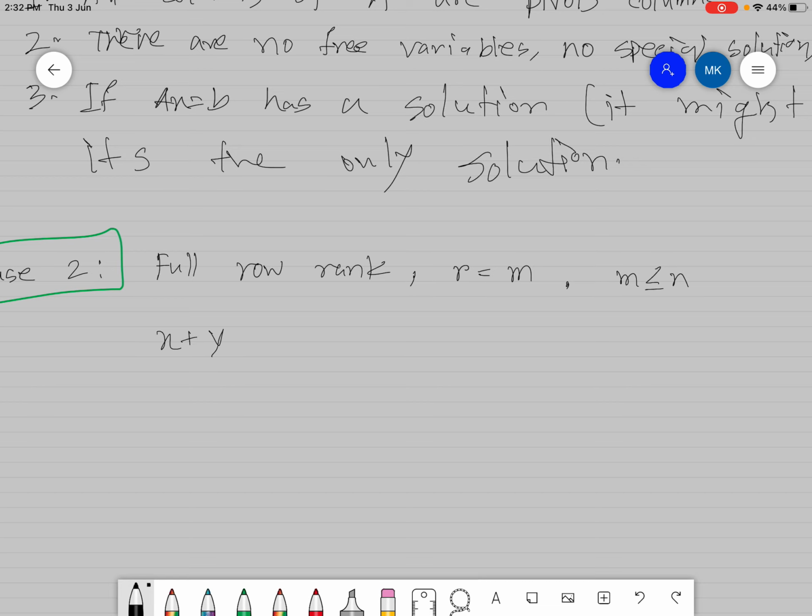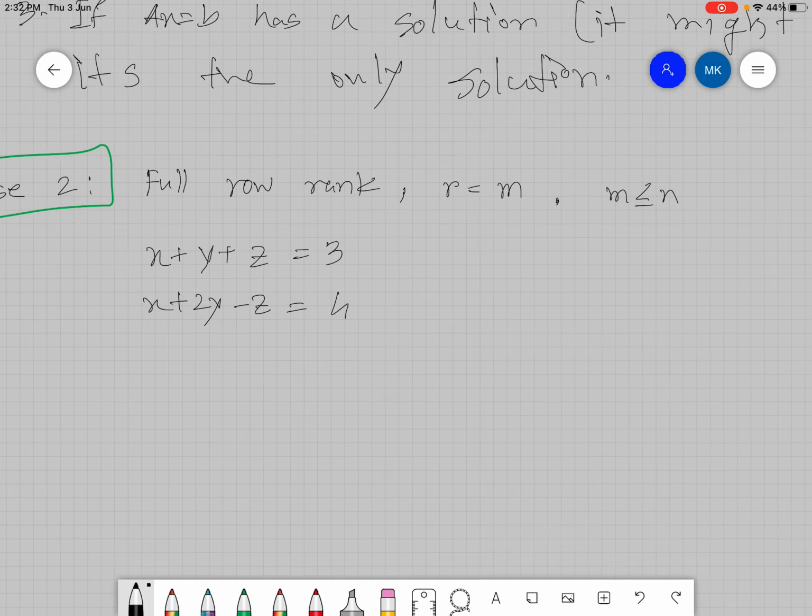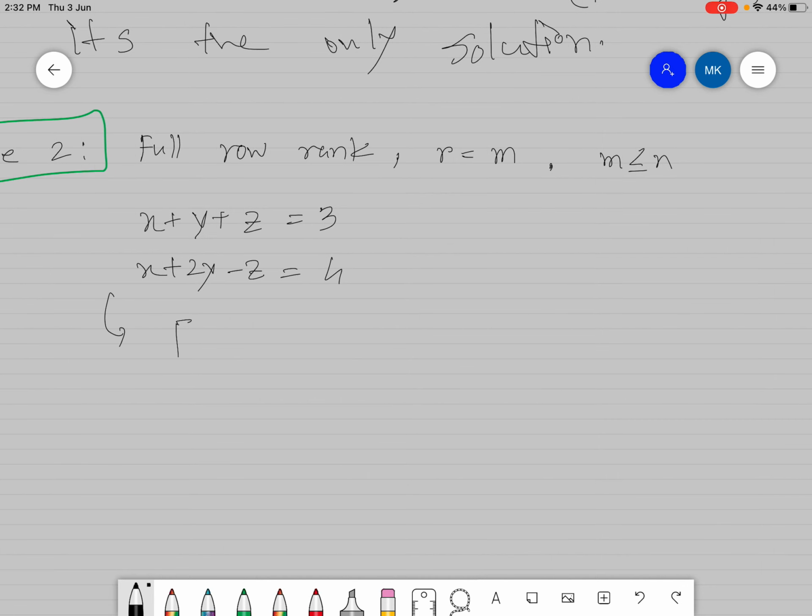Okay, so one example can be, let's say you have this system x plus y plus z equals to 3, x plus 2y minus z equals to 4. So from this you will get 1 1 1, 1 2 negative 1, and 3 4.